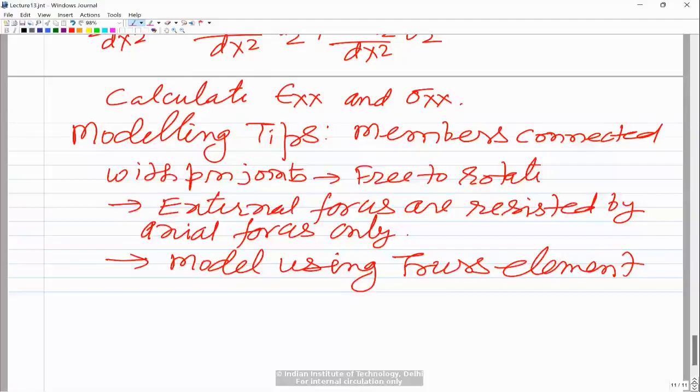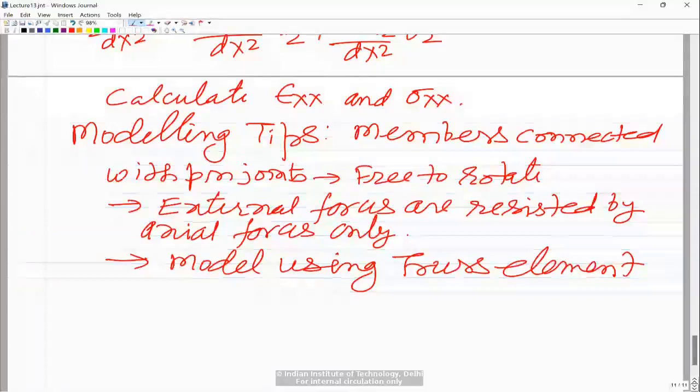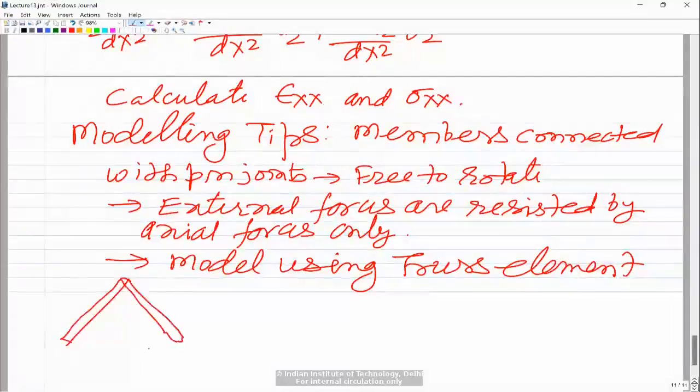Let me give an example. We have solved this problem earlier. This is a truss structure, and here all the joints are pin joints. I am taking a simpler example. This joint is a pin joint, this is a pin joint, and there can be forces along x and y direction over here. Both these members remain straight after deformation. They are free to rotate and remain straight, because all joints here are pin joints.